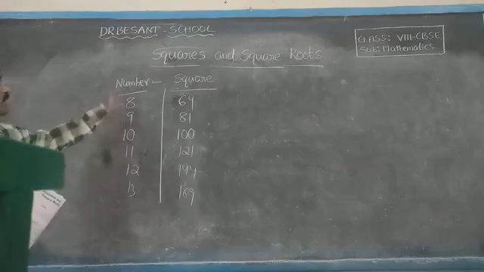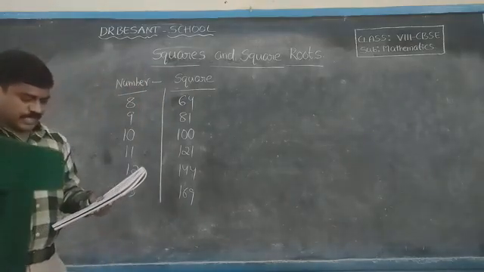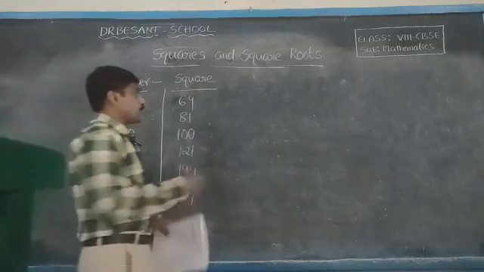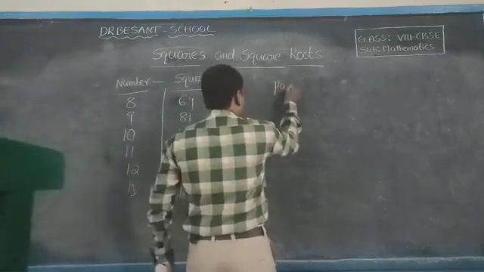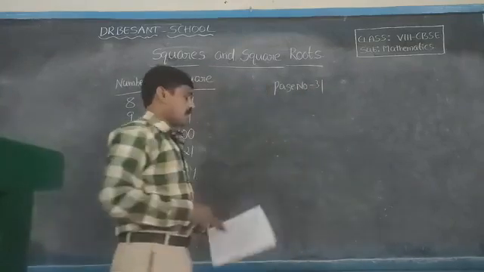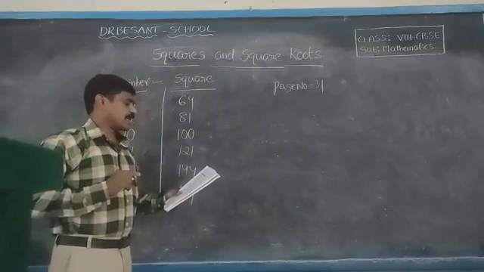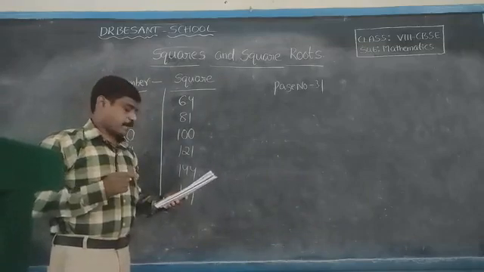Like this we can do it. Number and its square. Okay, this is page number 31. You can see this page and try to understand number and its square.